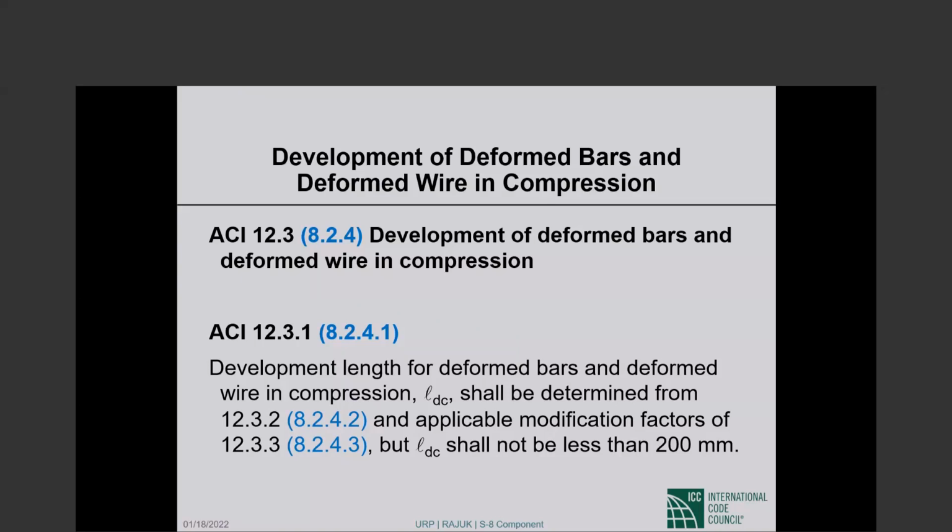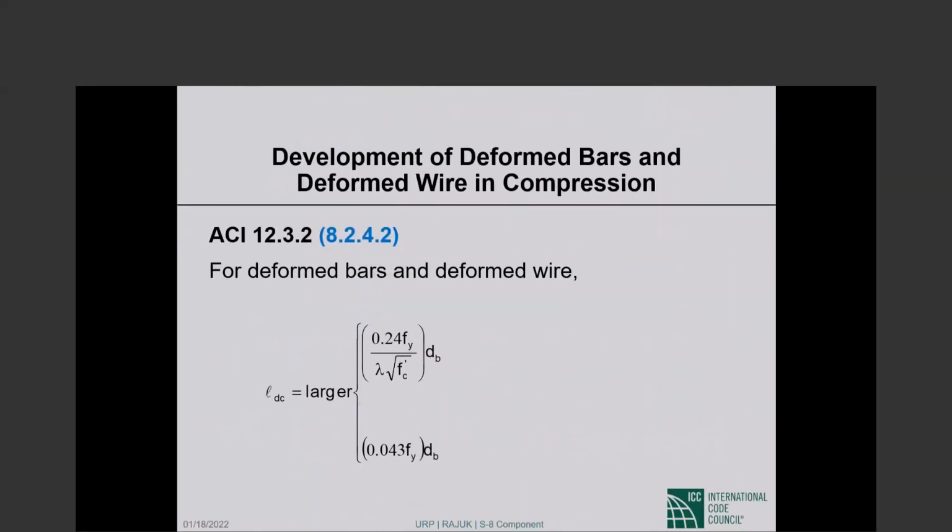But L sub DC shall not be any less than, now it is 8 inches. Okay, so tension development length, barest minimum is 12 inches. Compression development length, it is 8 inches. These are the expressions for deformed bars and deformed wire. L sub DC, the required development length, is the larger of the values given by the two expressions. And the only parameters involved are F sub y, the yield strength of the reinforcement, the compressive strength of the concrete, F sub C prime, and the bar diameter. So nothing to explain.